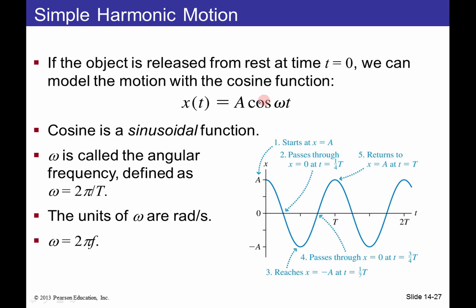The cosine and also the sine are sinusoidal functions. This omega, the angular frequency, is related to the period by 2 pi over T, and related to the frequency by 2 pi f.